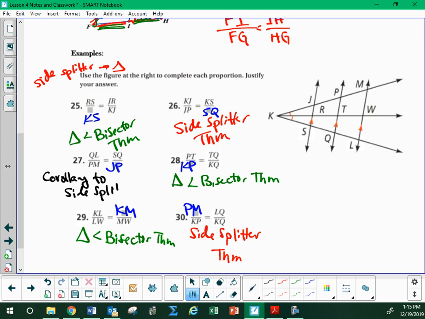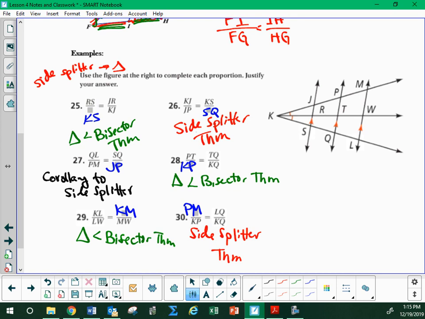Okay, which ones of these do we have questions on? Whether it's the actual answer or the theorem. Any of them? Which one? 27.